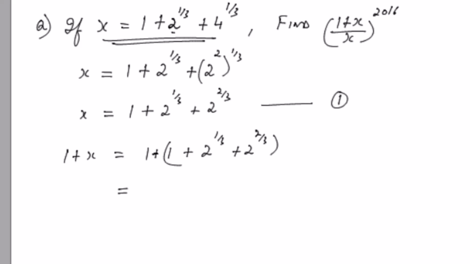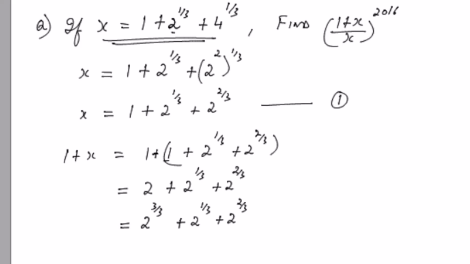This becomes 1 plus 1 is 2, plus 2 to the power 1 by 3 plus 2 to the power 2 by 3. Now this 2 can also be written as 2 to the power 3 by 3. 3 by 3 is 1, so 2 raised to 1 plus 2 to the power 1 by 3 plus 2 to the power 2 by 3.